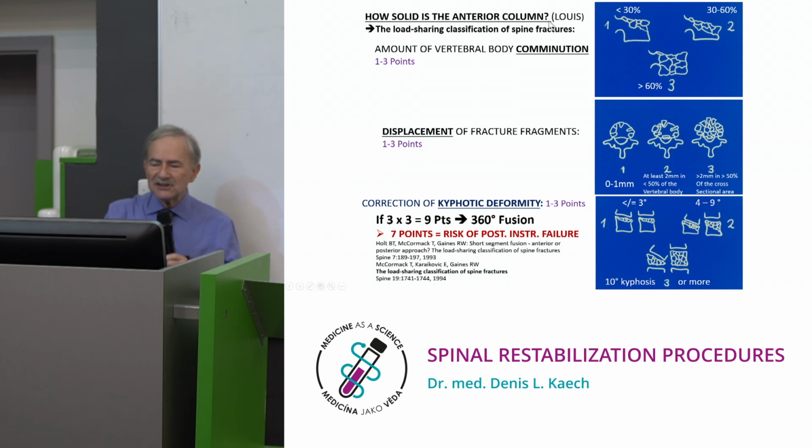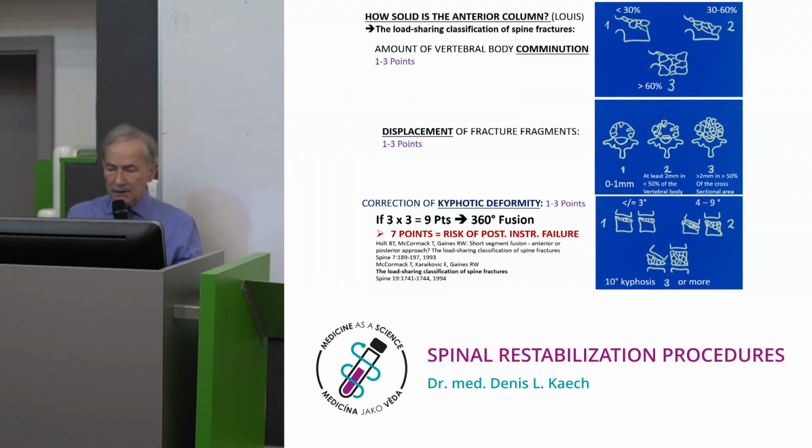The scoring system shows the more is crushed, the more points. The more the fracture fragments are displaced, the more points. And then the kyphotic deformity of a compressed fracture, the more points. And experience has shown that over 7 points, there is a risk of posterior instrumental failure if you don't support the anterior column.